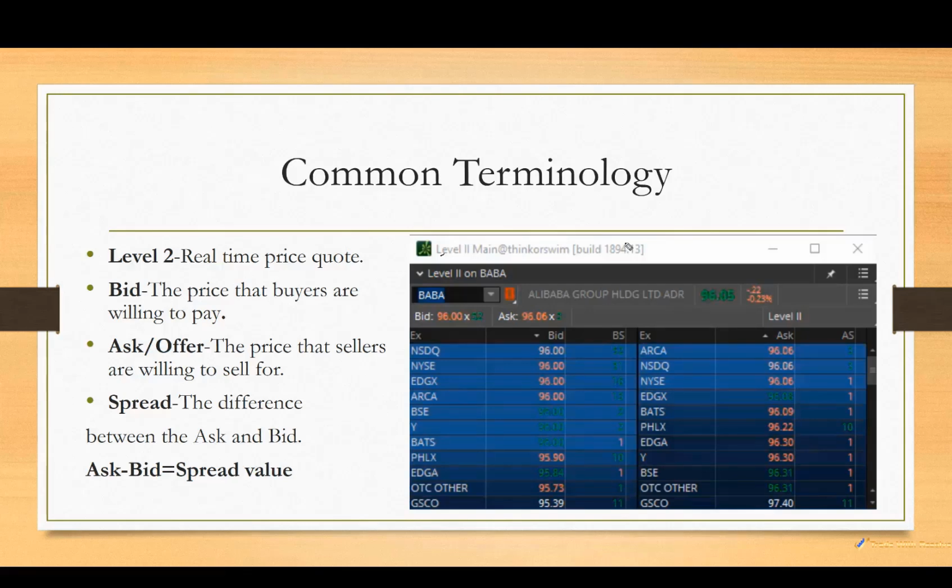Well, let's say you want to sell it at 96.04. You would then become the best ask. So anytime there's a spread, if you place an order as a buyer or a seller, you'll become the best bid or the best ask.